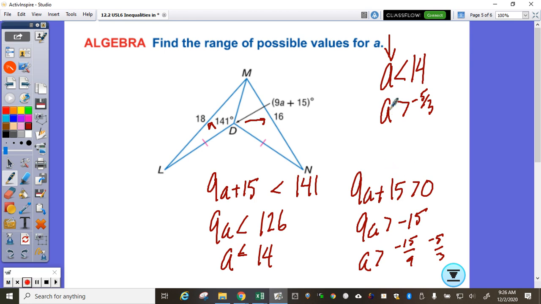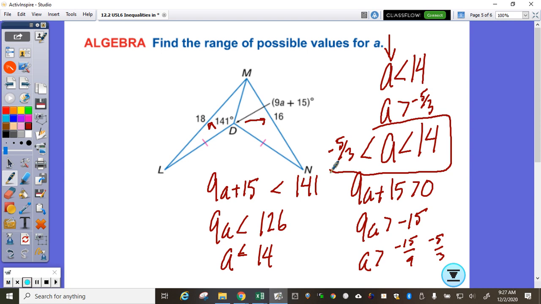So I have to account for all the values of A that are greater than negative 5 over 3. So my solution is all the values of A that are less than 14 and all the values of A that are greater than negative 5 over 3. It's a range of values.